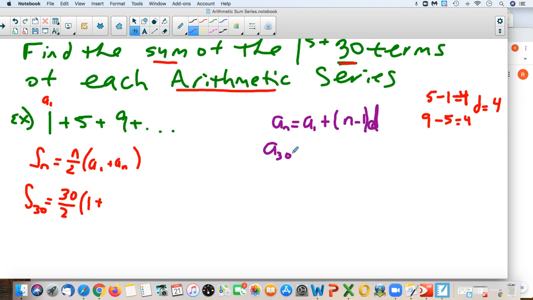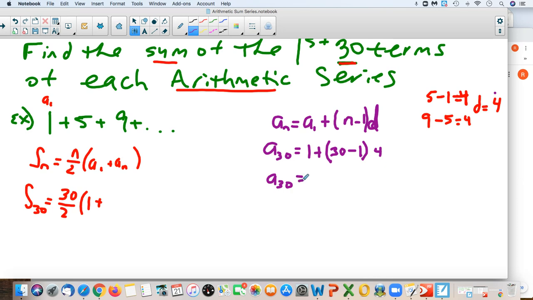A sub 30 equals the first term in the sequence, which is going to be 1, plus n minus 1, 30 take away 1, times the common difference, which we found over here already, 4. So a sub 30 will give me the generator for the 30th term.